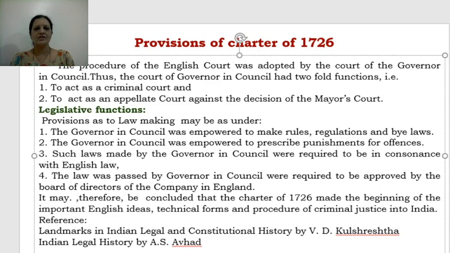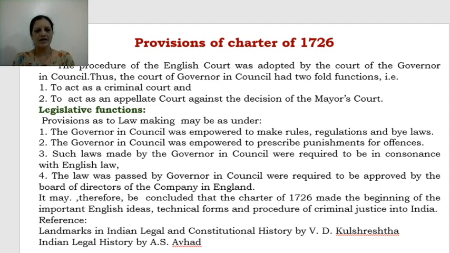Number 3, such laws made by the governor in council were required to be in consonance with the English law, which means they should not be contrary to English law. Number 4, the laws passed by the governor in council were required to be approved by the board of directors of the company in England.